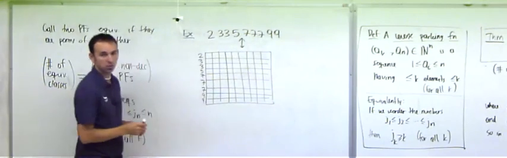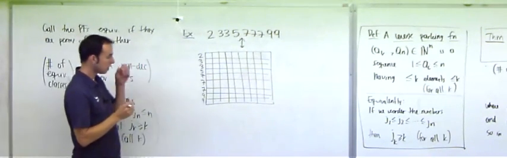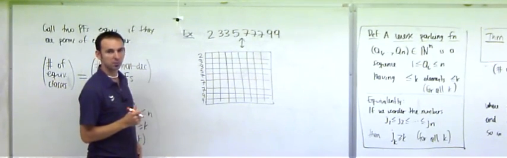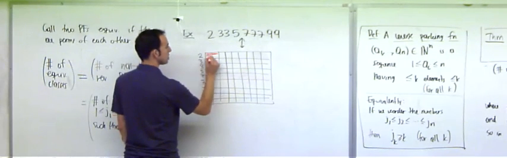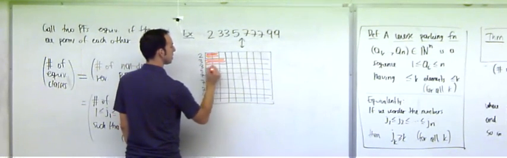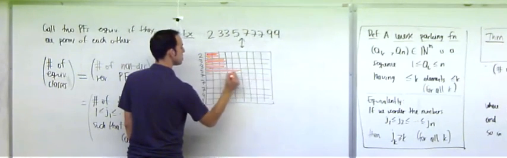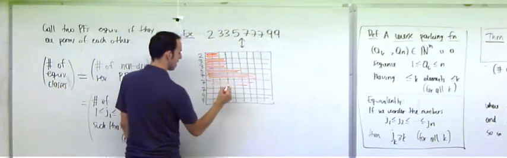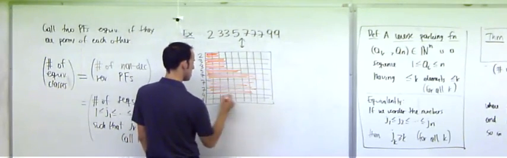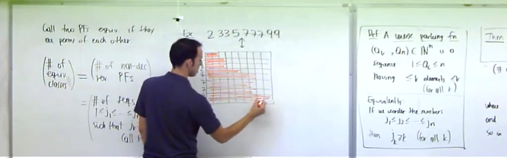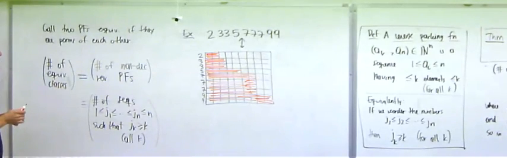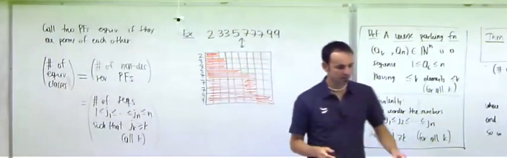And then what I'm going to do is that in each row I'm going to color as many cells as this number tells me to, from left to right. So here's 2 cells, 3 cells, 3 cells, 5 cells, 7 cells, 7, 7, and then 9, and 9. And you can clearly see that this makes a nice shape here.